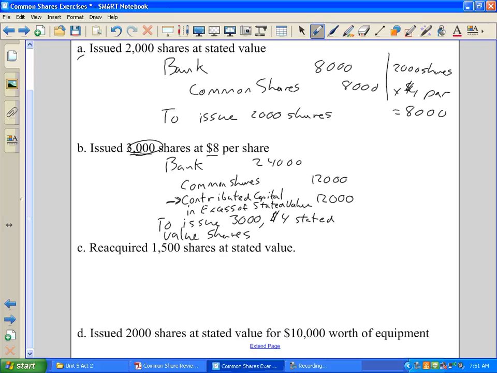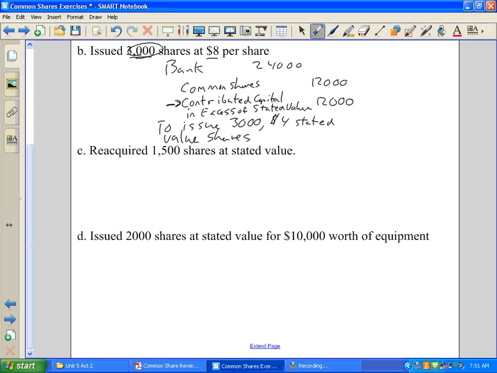shares. Okay. Just to move on a little bit now that we've got that idea down that there's a contributed capital in excess of stated value, we're going to reacquire some shares at stated value. Again, the stated value is $4 a share. So quick math, 1,500 times 4 equals $6,000. All right, and what we're going to do essentially is just reverse an earlier entry.